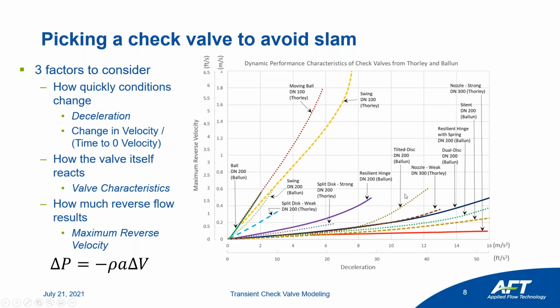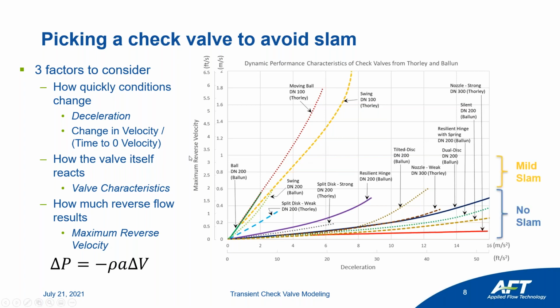So something like a nozzle valve, we can see that it has very low maximum reverse velocity across a lot of different decelerations. This would be sort of the best kind of check valve. Whereas a swing check valve might be okay at really low decelerations, but the more you're thrashing the fluid around and the more quickly you're changing how that fluid is flowing, the less it's going to effectively prevent a slam event. The more reverse flow it's going to allow, and then all of a sudden when that valve closes, that's going to cause a slam event.